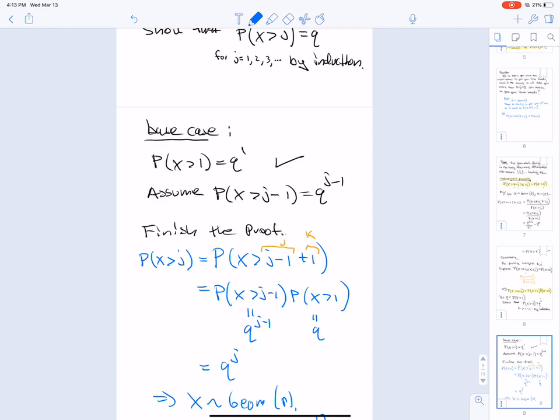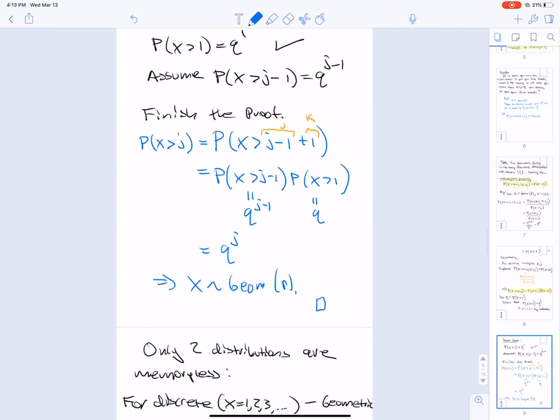And now we'll finish the proof, the inductive step. We're going to write the probability that X is greater than j as the probability that X is greater than j minus 1 plus 1, which is the probability that X is greater than j minus 1 times the probability that X is greater than 1. And that gives you q to the j. So X is geometric(p).